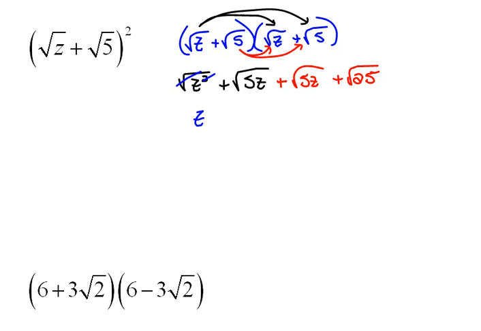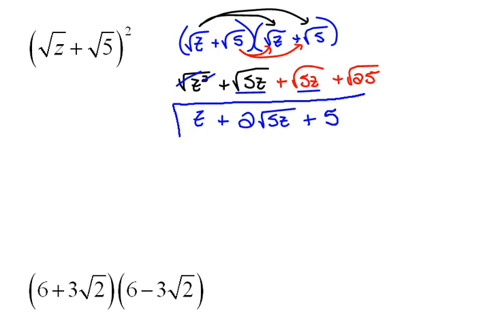We're just left with z plus, these are the exact same radicands, so we can put them together. You've got one of these square roots plus another one of these square roots would be 2 square roots of 5z. And then we have plus, the square root of 25 is 5.